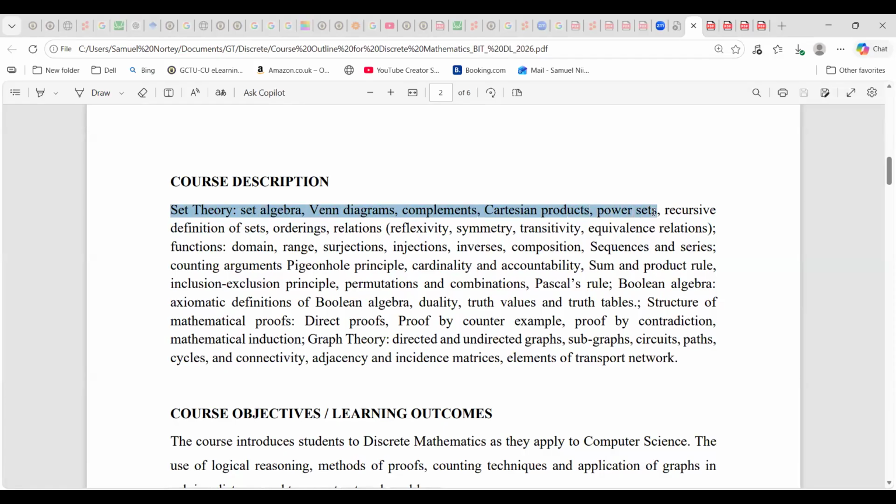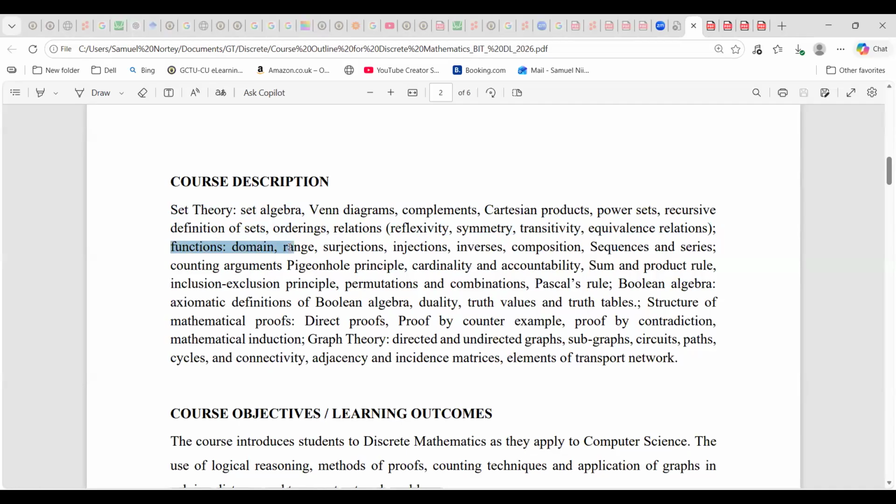What is the power set of a set? And then we'll take it to functions. Functions will bring us to things like relations, when is a set supposed to be reflexive, symmetric, and transitive, and then the equivalence relation. So we'll see all that in relations.